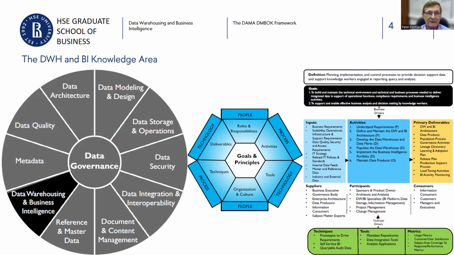Because you remember when we discussed data integration and data interoperability, we mentioned that this DII knowledge area heavily depends on all these functions in the upper part of the DAMA wheel: architecture, modeling, storage, security. But it is critical. Data integration and interoperability is critical to reference and master data management and data warehousing and BI.